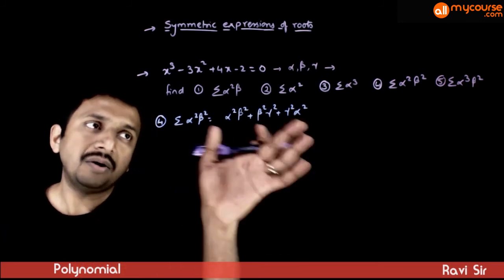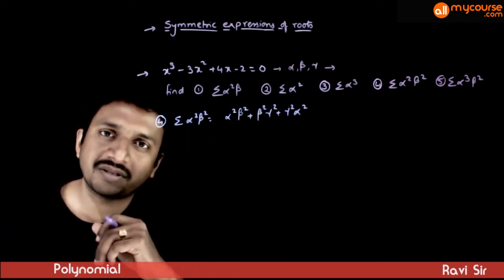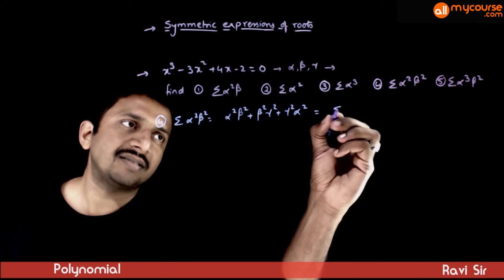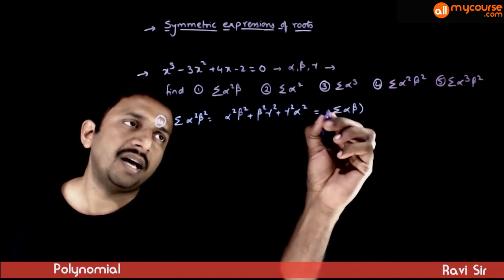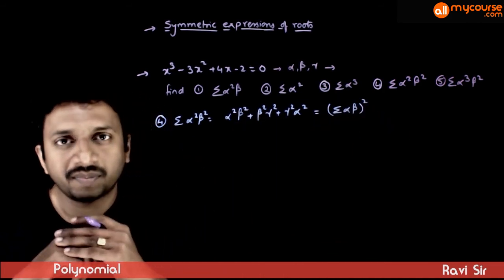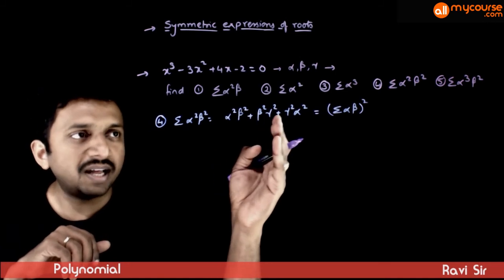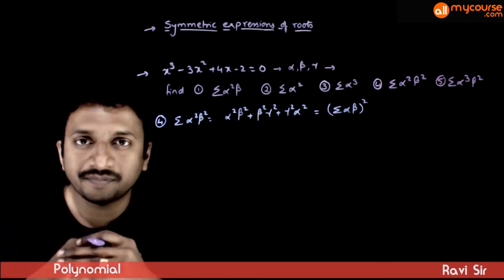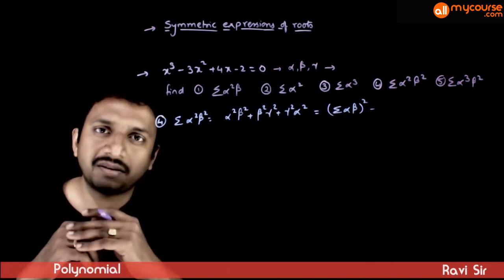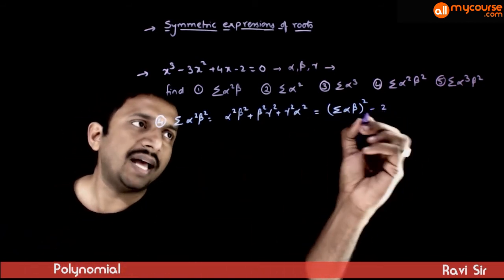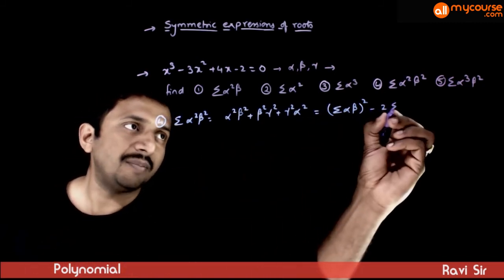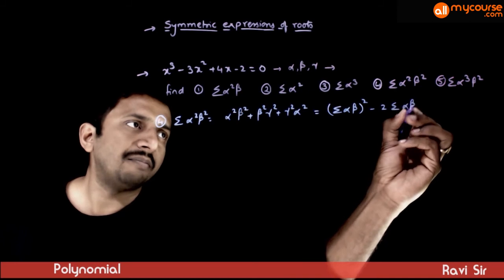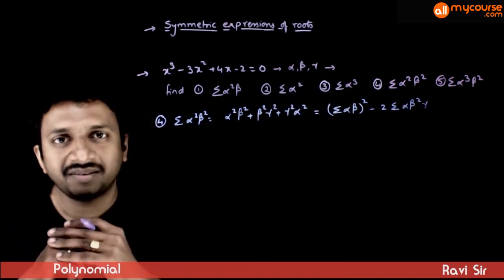Now, how do we get the summation of this? This can be written as sigma alpha beta whole square, minus 2 times sigma alpha beta square gamma.